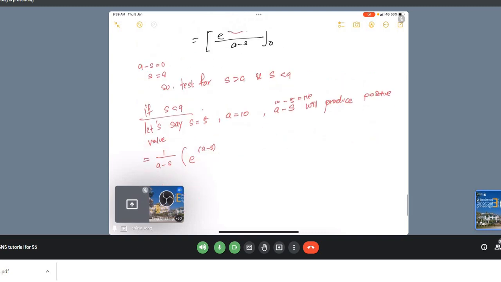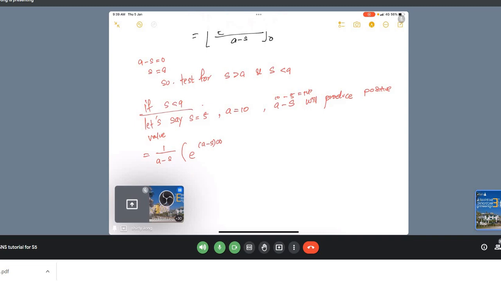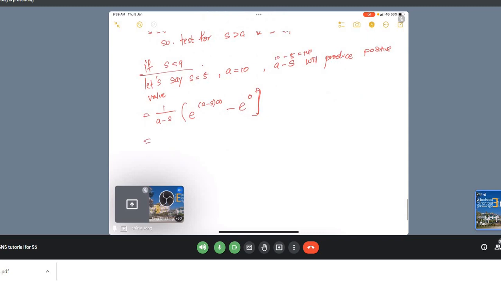Okay, positive value. So this one I substitute with infinity minus exponent 0. So what do you get? What's the answer? This one is infinity, right? This one is 1. So of course, it is very big, infinity.